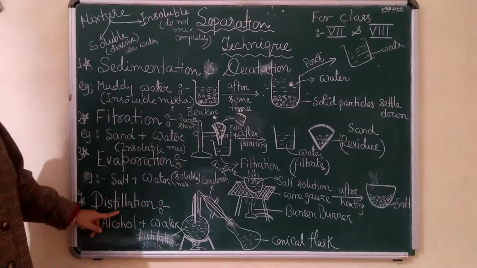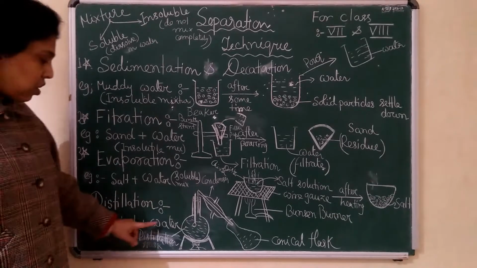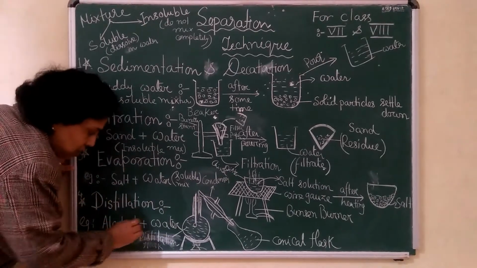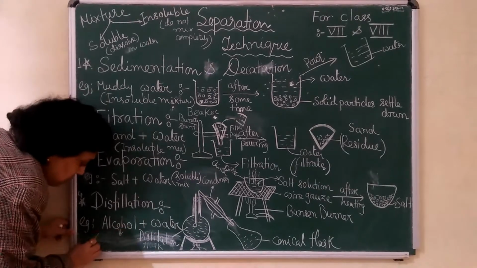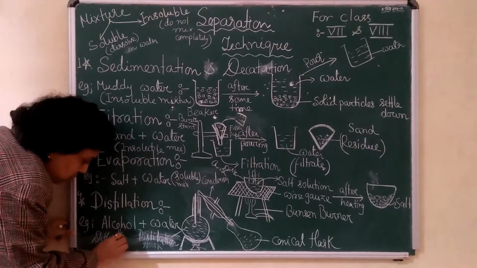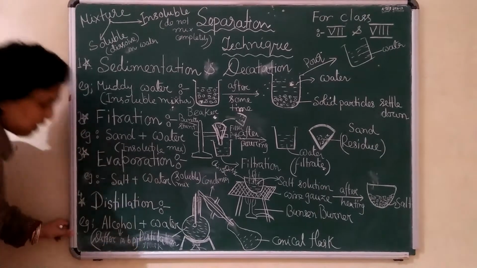The next process is distillation. In distillation I have taken here alcohol and water. Remember, in distillation there is alcohol and water, and both differ in boiling point. It is very important.